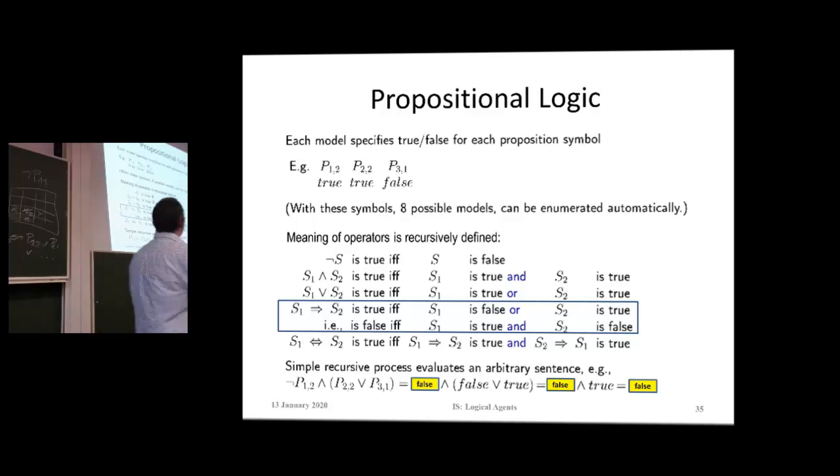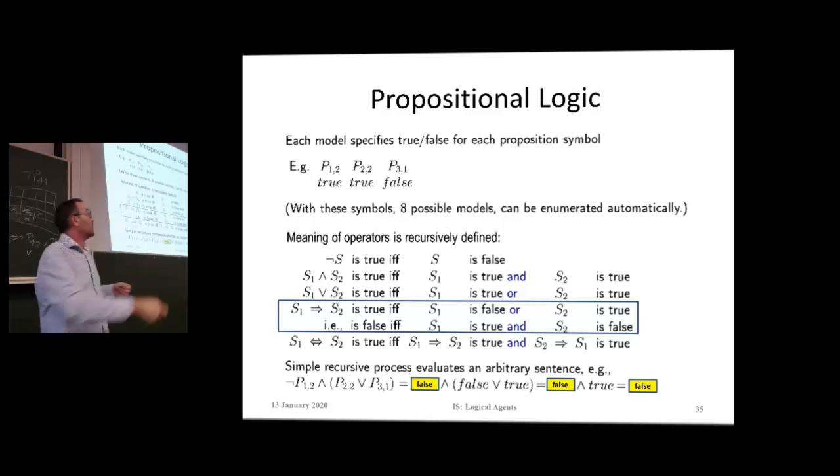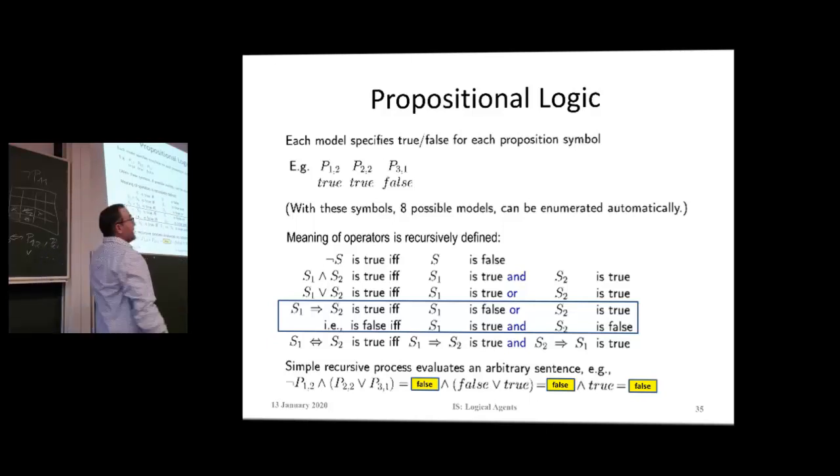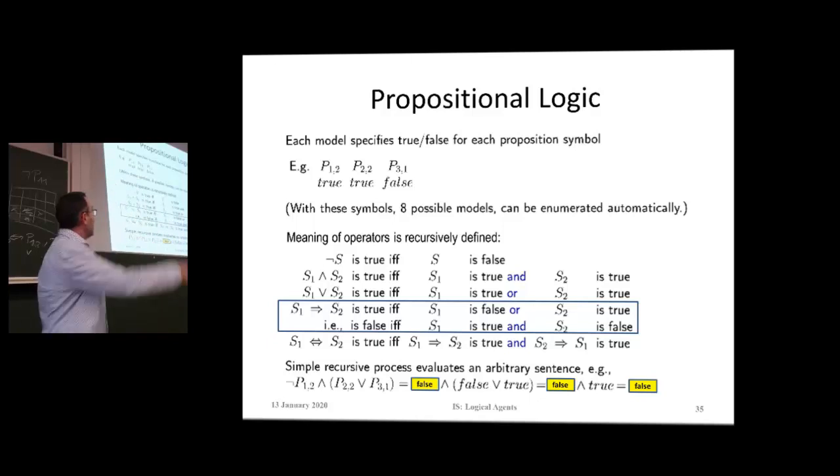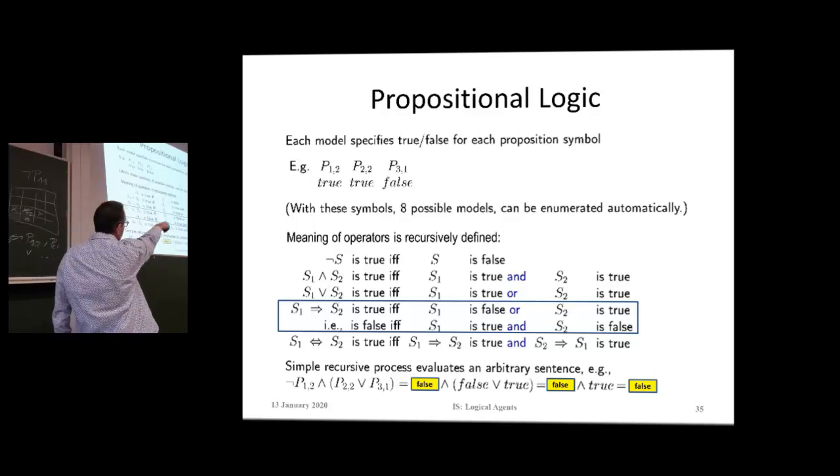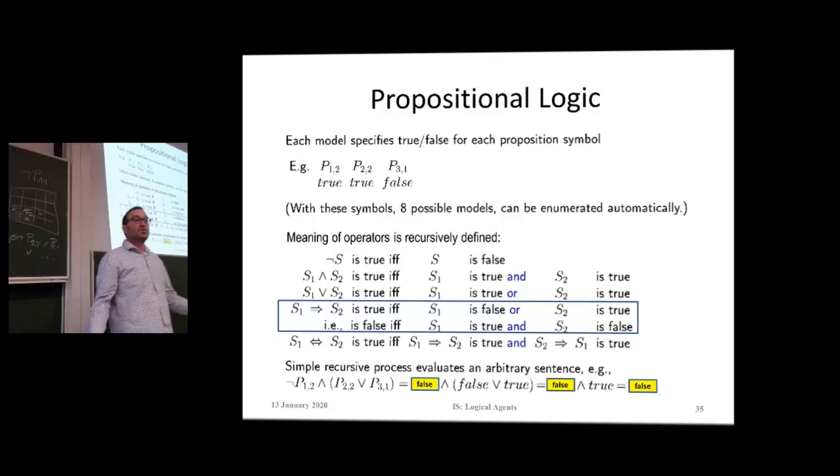So basically, we know that if we have a proposition, then this has to be true. So the proposition 1,2 is either true or false. So I have a choice of assigning two different values. And then I can calculate whether the complex formula is true or false by applying those rules.